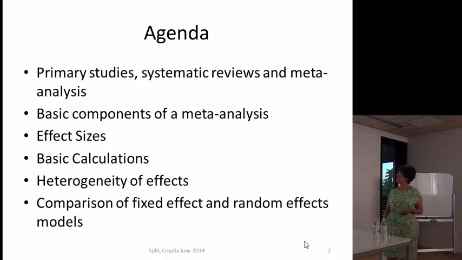I want to talk a little bit about effect sizes, which are essentially the coin of the realm, or the basic building block of the meta-analysis, review the basic calculations, talk about heterogeneity or dispersion and why that's important and how we go about assessing it, and then to talk about the difference between the two major models in a standard meta-analysis, the fixed effect model and the random effects model.